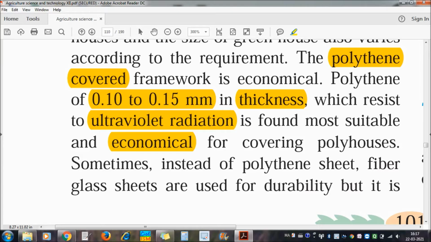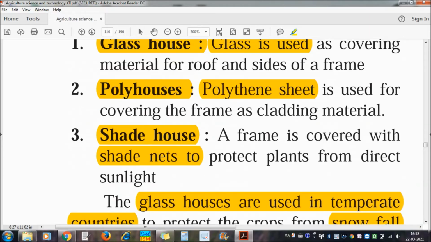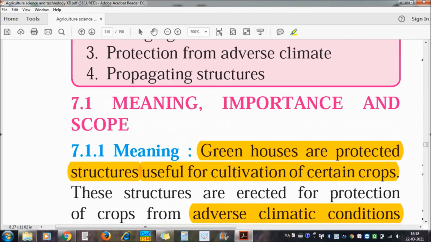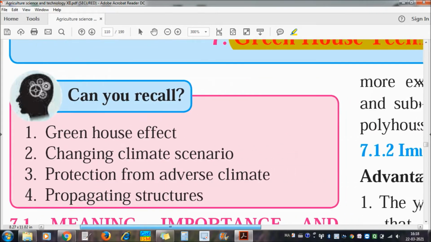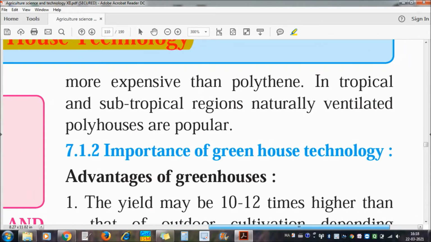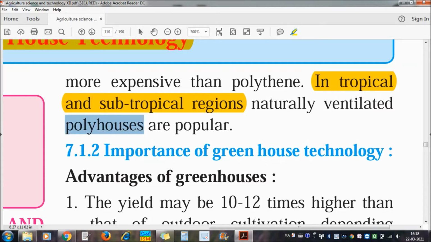Sometimes in some places instead of polythene sheet, fiber glass sheets are also used. So this is more durable, it can sustain for longer time. So polythene sheets or fiber glasses can be used in the temperate regions or cold regions. Now, in tropical and subtropical regions, there is good natural ventilation, where polyhouses can be used.